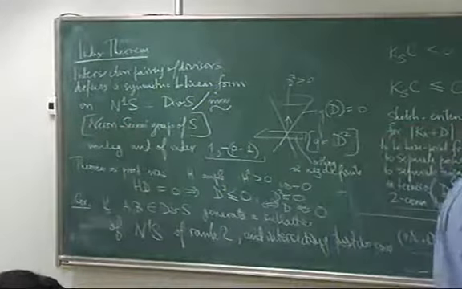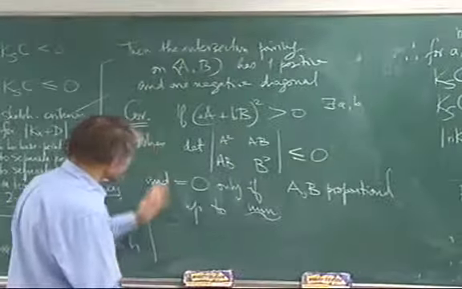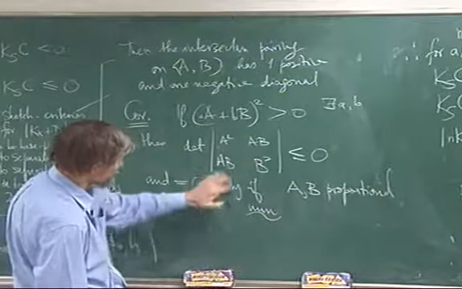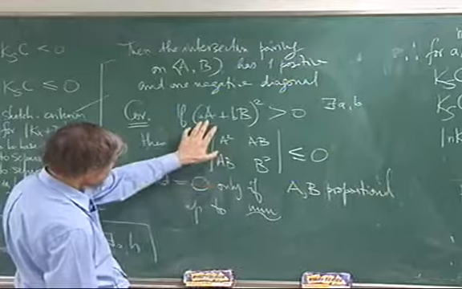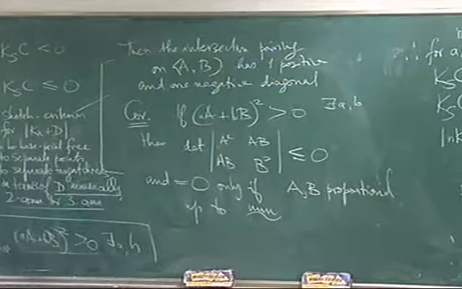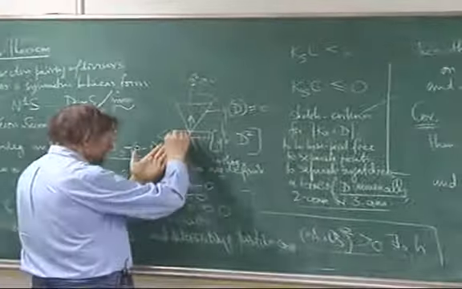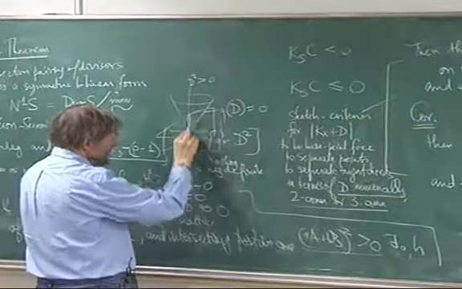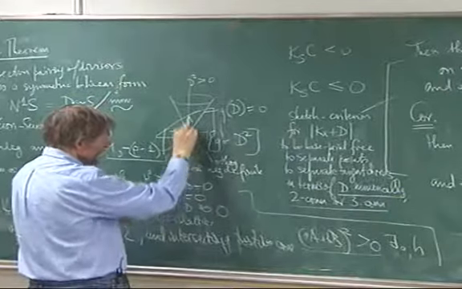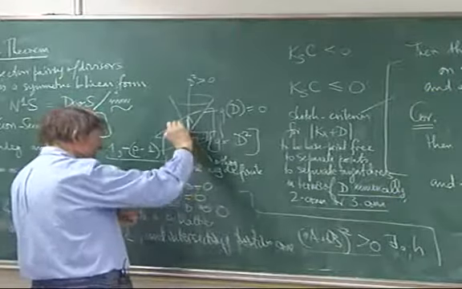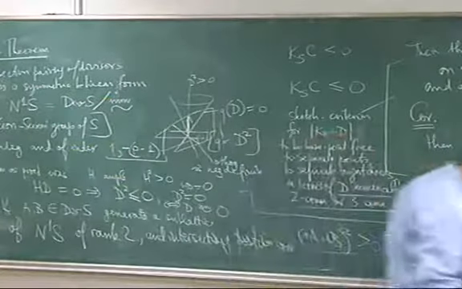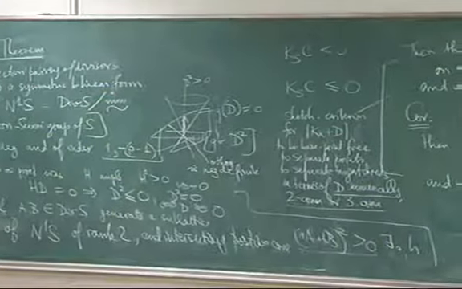So here I'm saying this is how we're going to use the result, and we use it always systematically in this form. Suppose I've got a plane in here that actually meets the positive cone. Then I take the thing that's in the positive cone and I take its orthogonal, and the orthogonal will be negative.